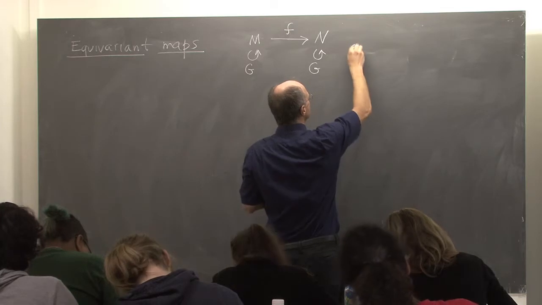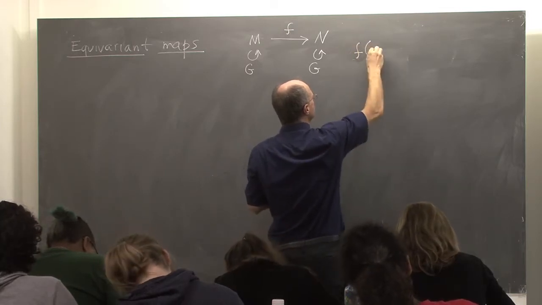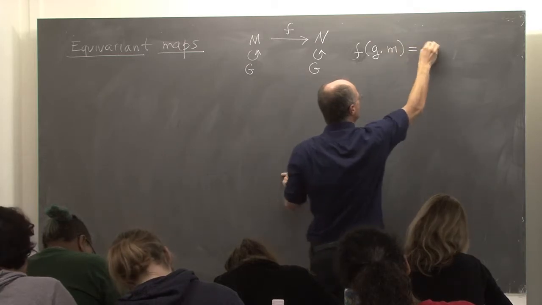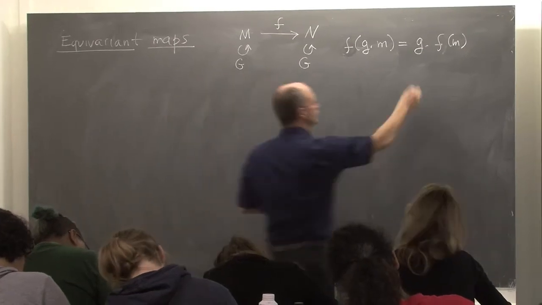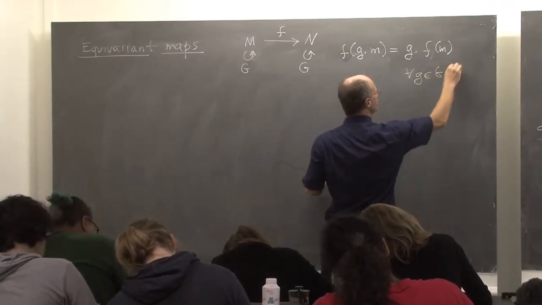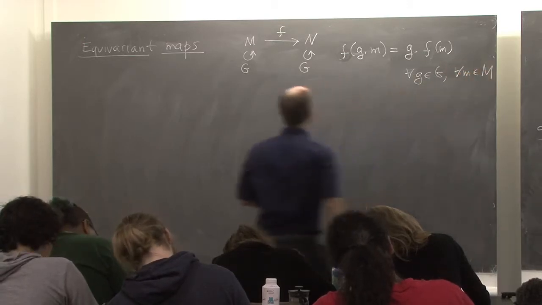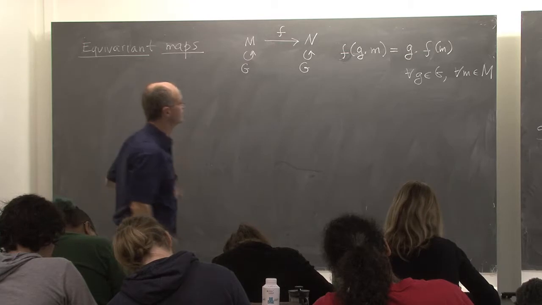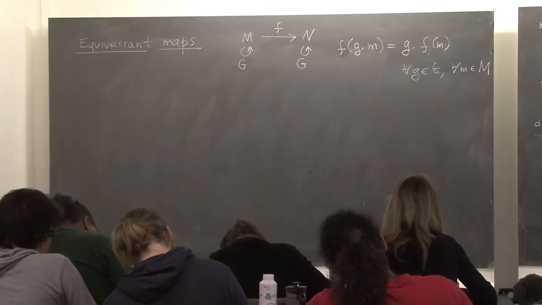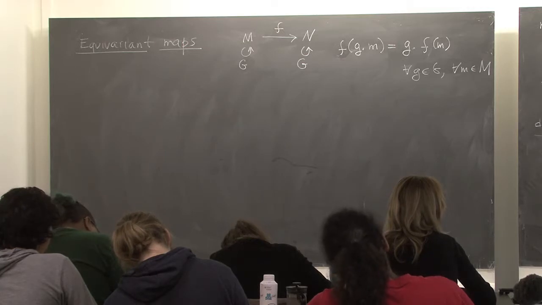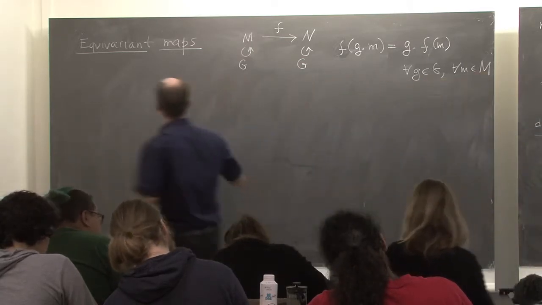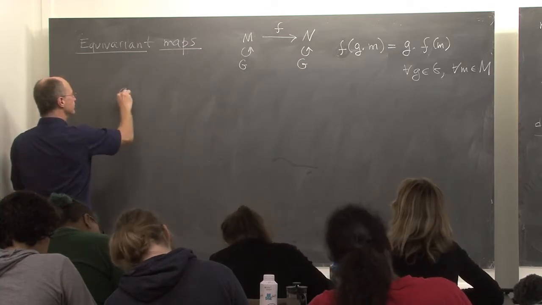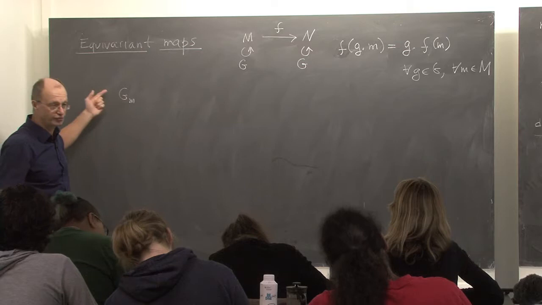So we have F(g·m) = g·F(m), of course for all g in G and all m in M. So that's the equivariance condition. Now we can play a little bit with those stabilizers. So what does it mean? We're going to have a stabilizer for the first action, right?